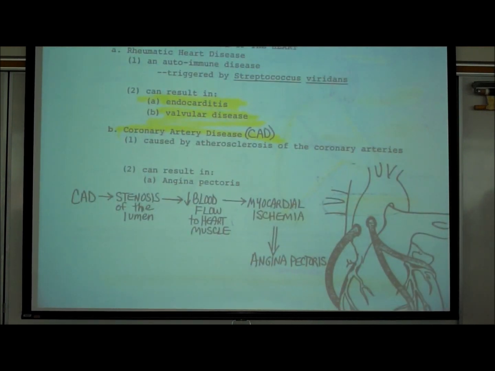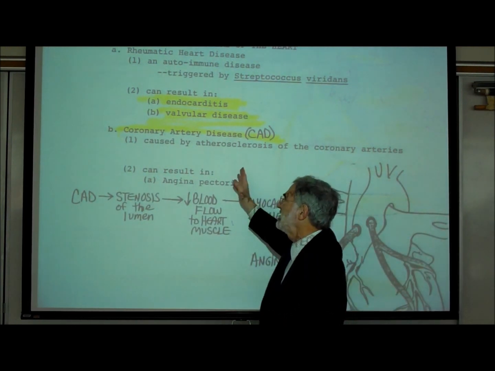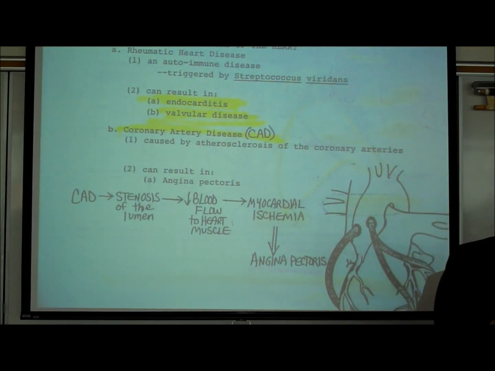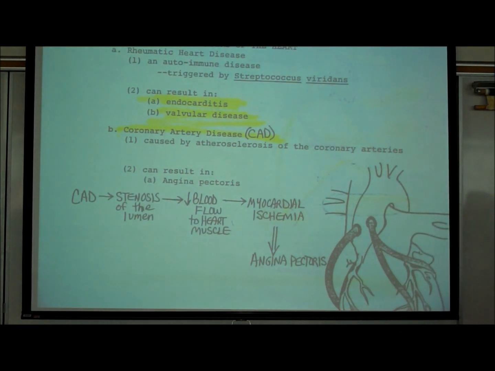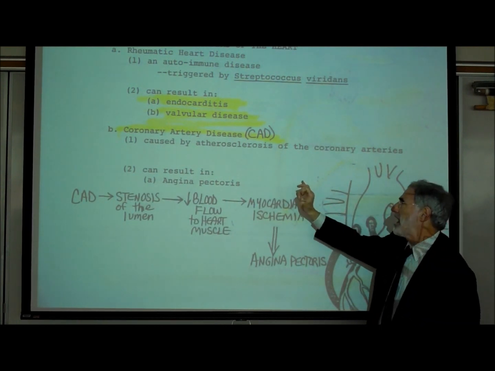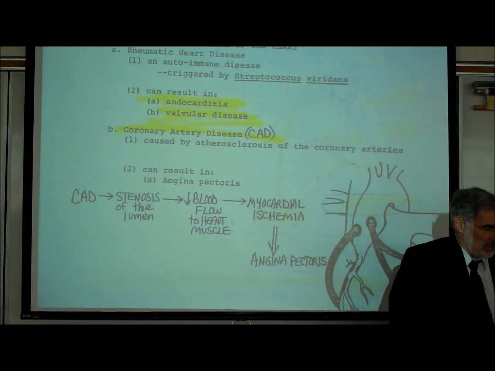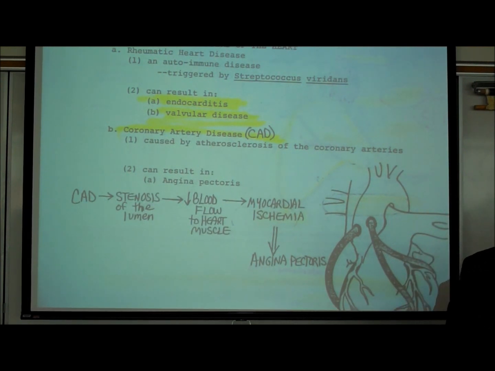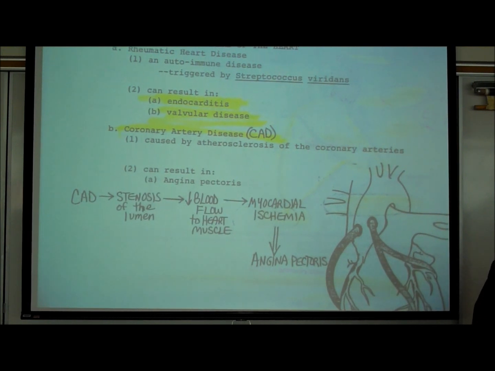Now, what is coronary artery disease? Coronary artery disease, abbreviated CAD, sometimes it's also called coronary heart disease, or CHD, means the same thing. This is associated with atherosclerotic plaque accumulating on the inner walls of the coronary arteries. Let's look on page N14B.